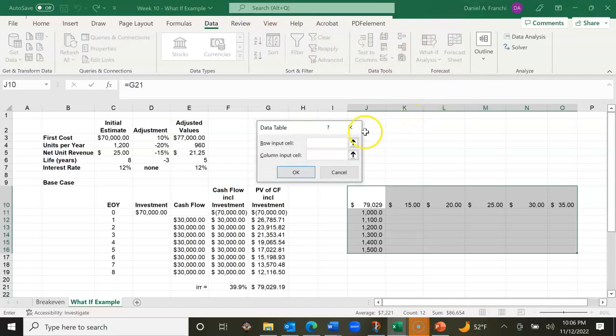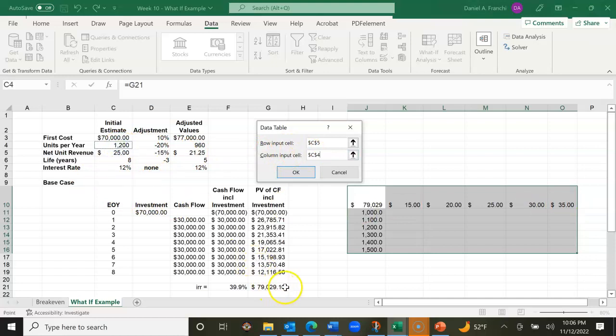Now our row input cell is going to be the net unit revenue, that's the $25. Our column input cell, I said units per year, it's net unit revenue, I'm sorry. The row input cell is the net unit revenue. The column input cell is the units per year.